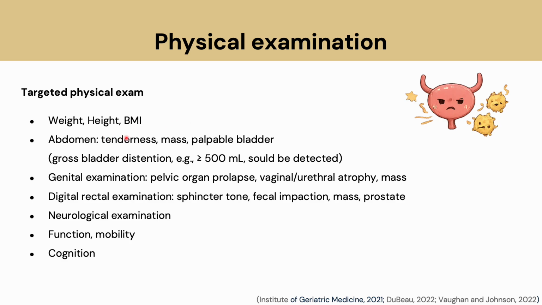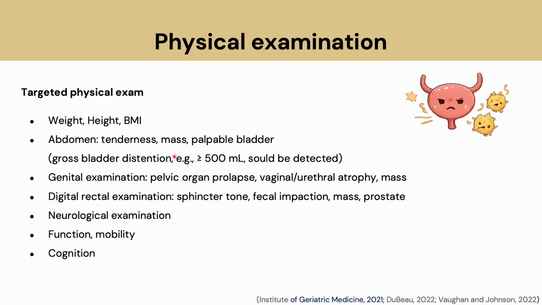A genital examination is indicated when pelvic pathology is suspected, to look for pelvic organ prolapse, vaginal or urethral atrophy, or a pelvic mass. A digital rectal examination should be performed when clinically indicated, particularly if fecal impaction is suspected.